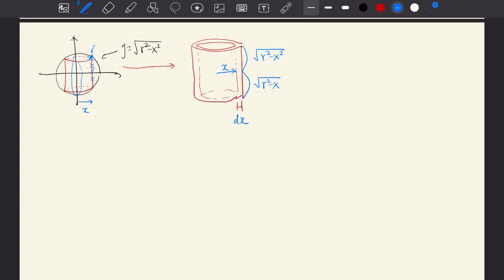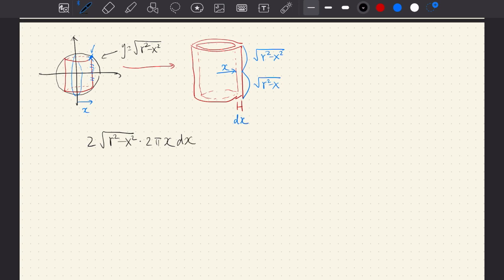So the volume of this very thin cylinder can be written as 2 times square root of r squared minus x squared times 2 pi x times dx.